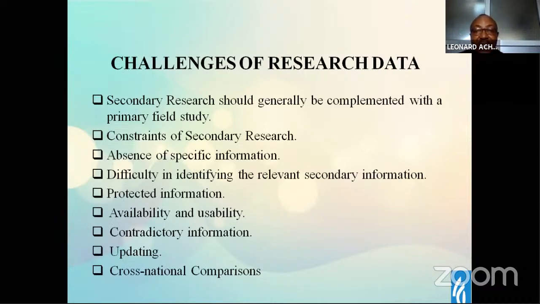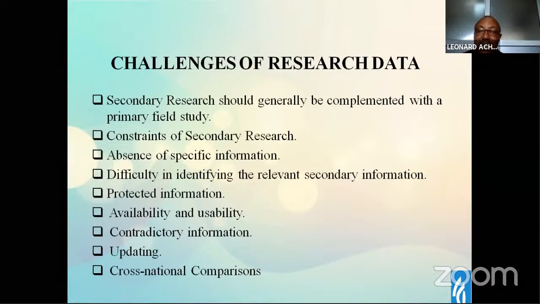What are the challenges of research data? Number one, secondary research data should generally be complemented with a primary field study. That is, the information that is gotten externally is not enough for you to take some fundamental decision concerning your product or your company.